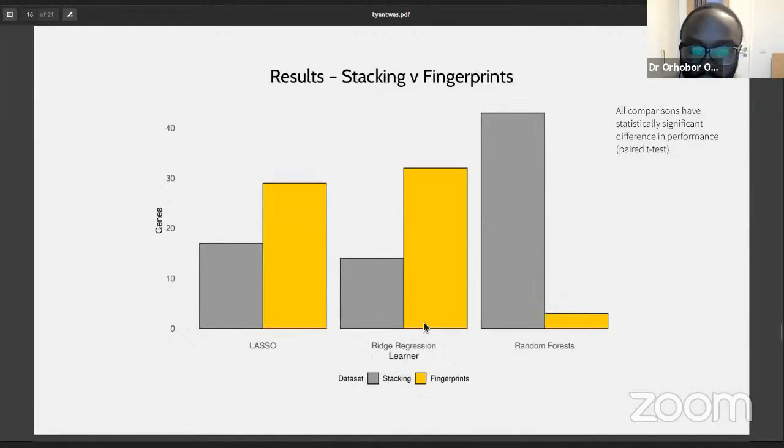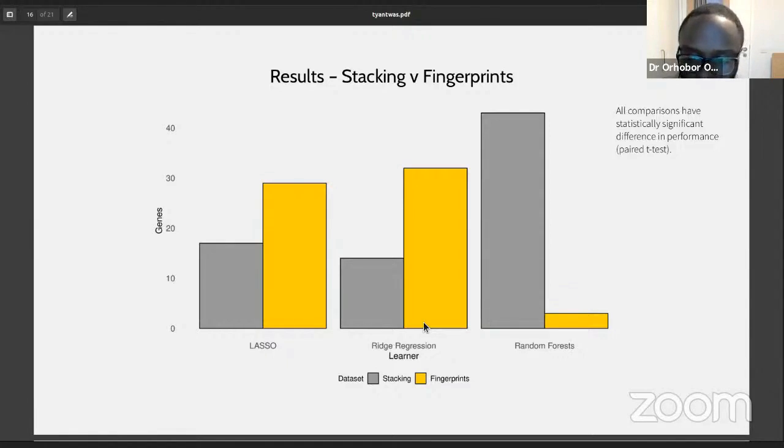And then when we compare stacking against the fingerprints, right, which I think is the most interesting result we found, even though it's not as bad as before, for ridge regression and lasso, fingerprints still outperform stacking the results. But for random forest, the very opposite is the case, right?